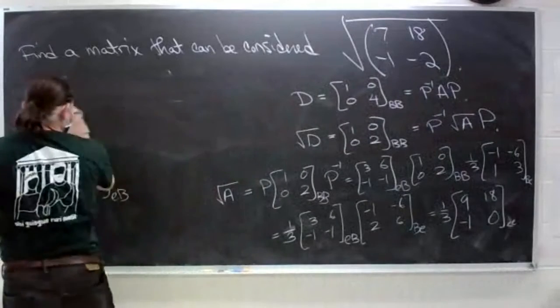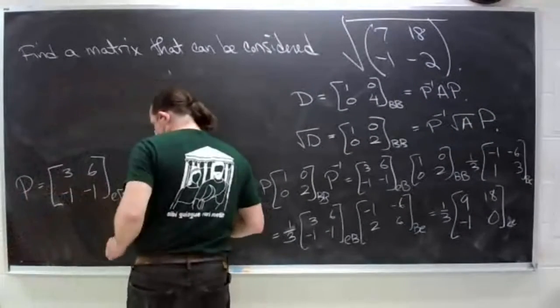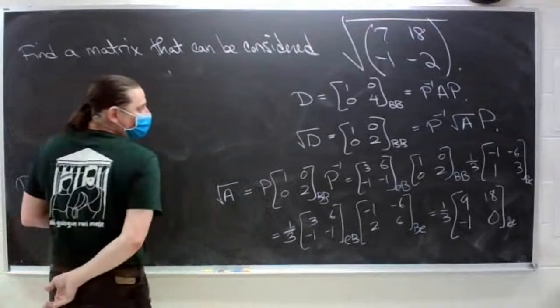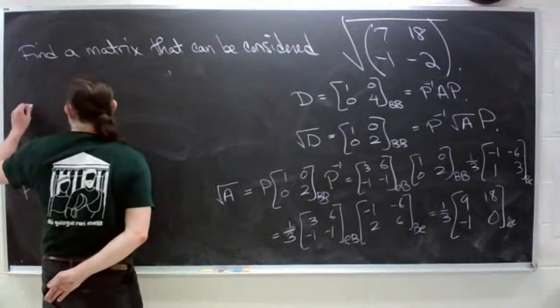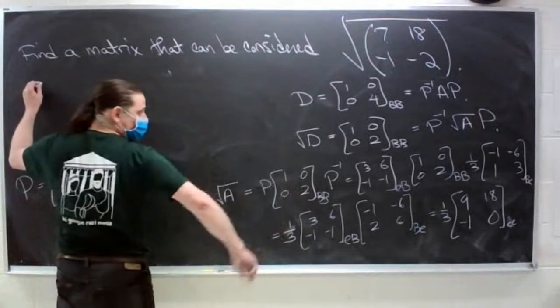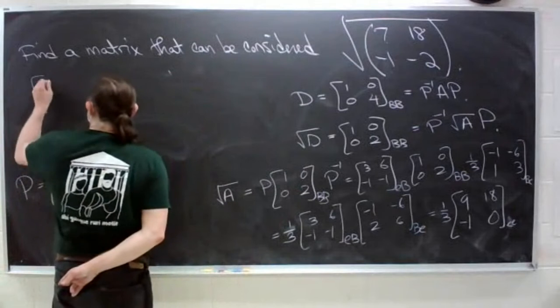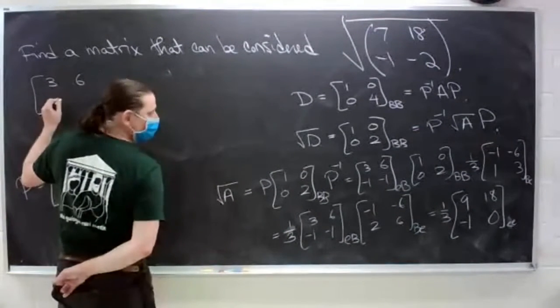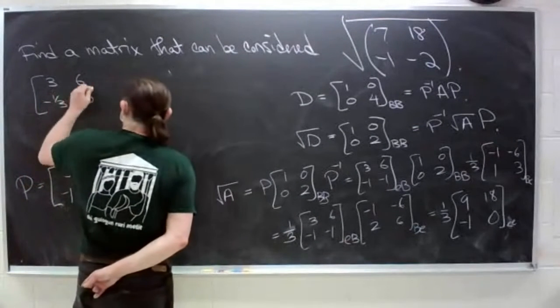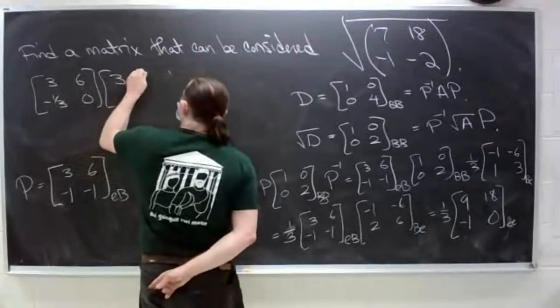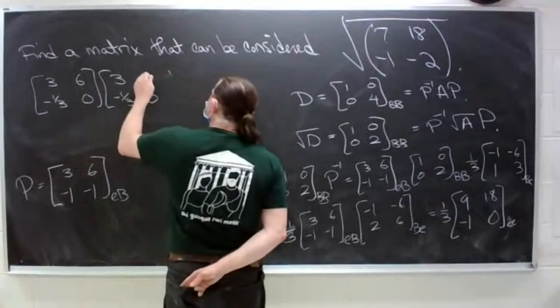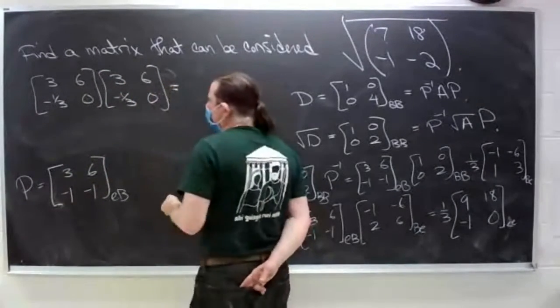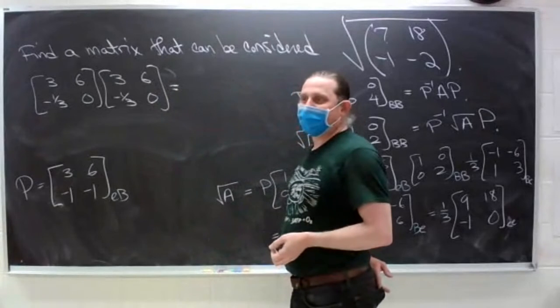So I don't need these anymore. All I need is my beautiful change of basis matrix. So we've got 1/3. I'm going to move that 1/3 inside to make the numbers easier. 3, 6, -1/3, 0. 3, 6, -1/3, 0. Boy, this sure don't look like it will work.